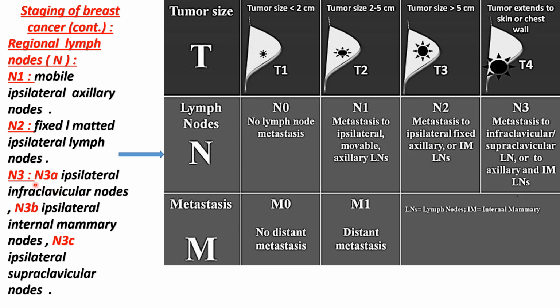N3 is divided into N3A, ipsilateral infraclavicular nodes; N3B, ipsilateral internal mammary nodes; and N3C, ipsilateral supraclavicular nodes.